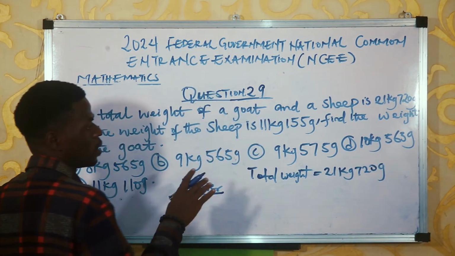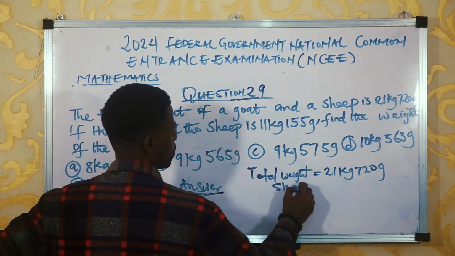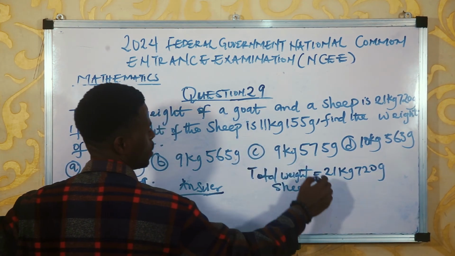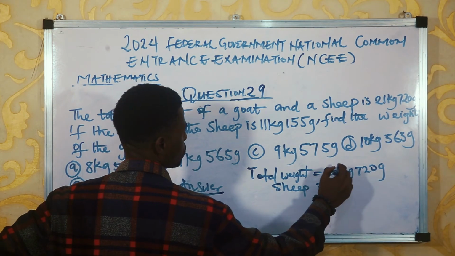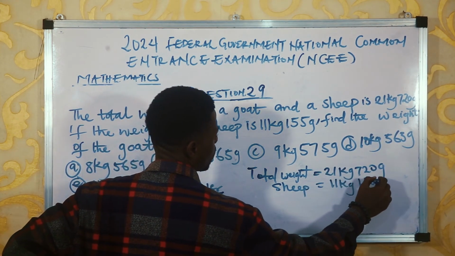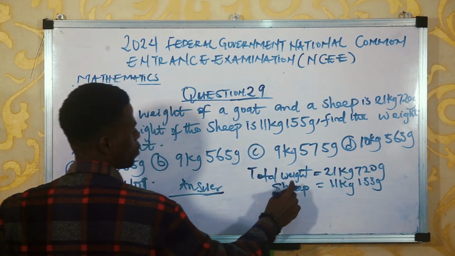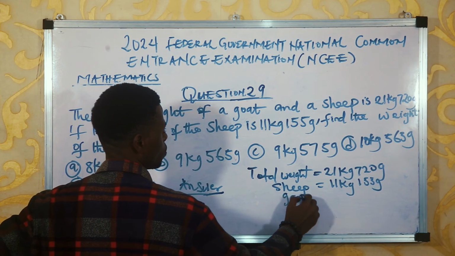The sheep is 11 kilogram, 155 gram, while the goat is unknown, which is what we are looking for.